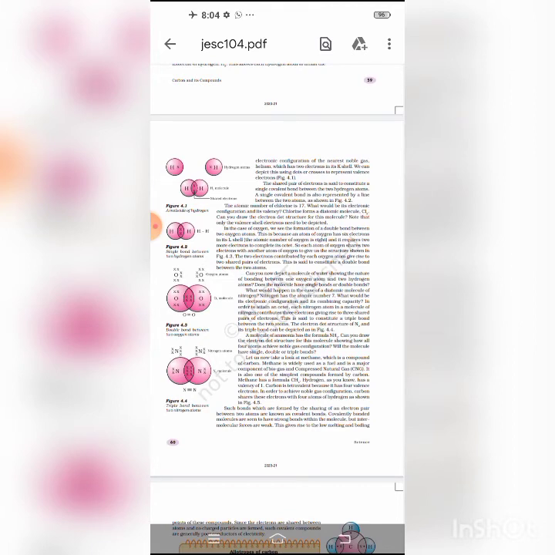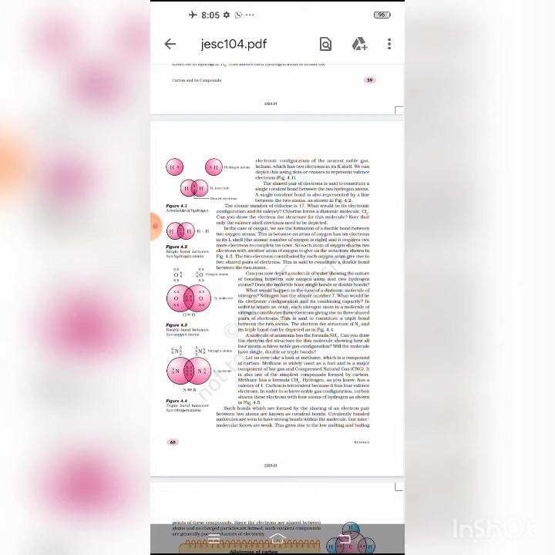By sharing their valence electrons, the combining atoms complete their octet in the outermost shell and achieve the stable electronic configuration of the nearest inert gas.